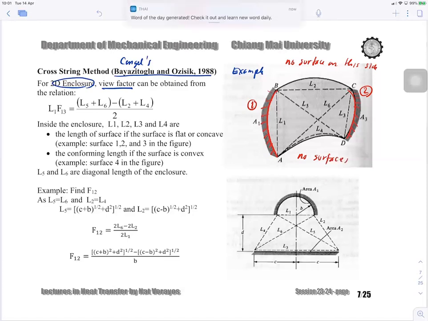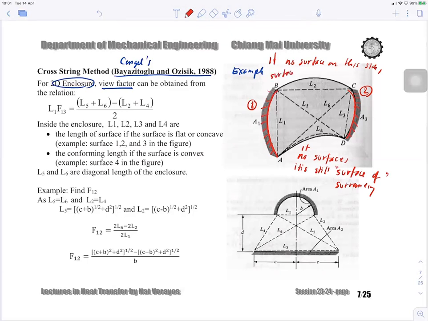If there is no surface on this side, we still think of it as a surface of surrounding. What does it mean? Let's take a look.